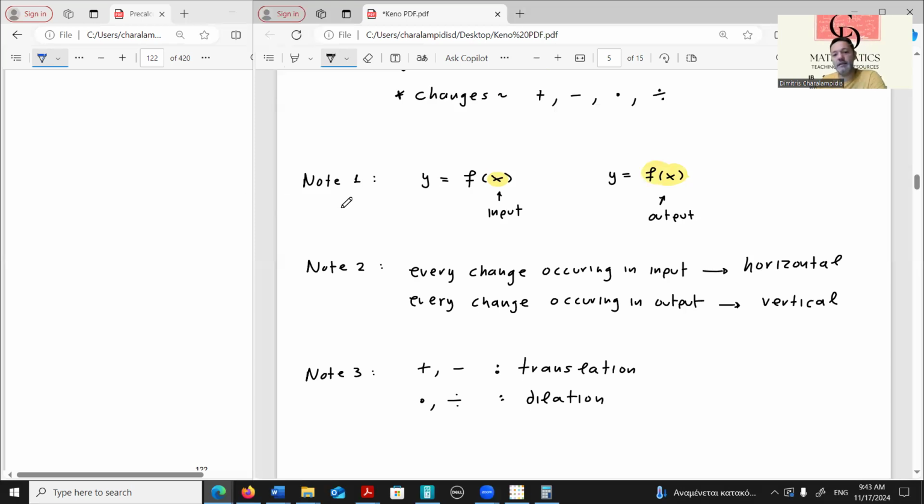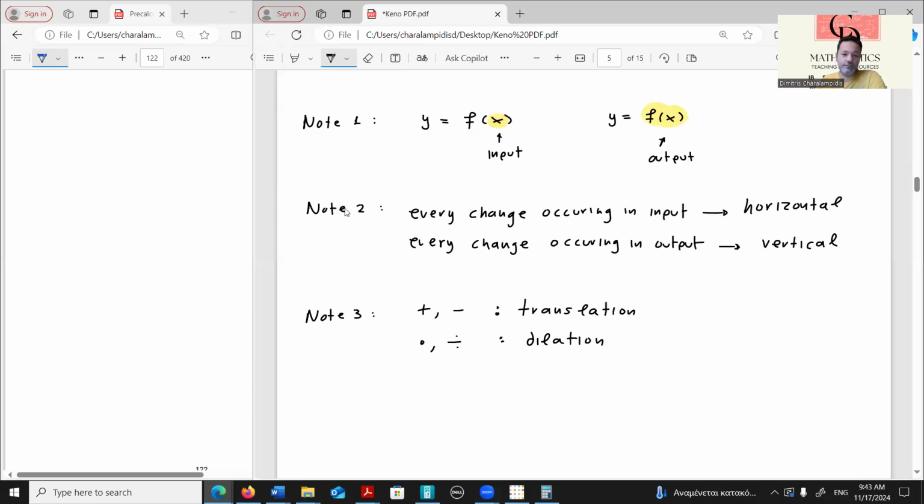The characteristic of a translation is a copy-paste. What do I mean by that? That the graph keeps its shape.